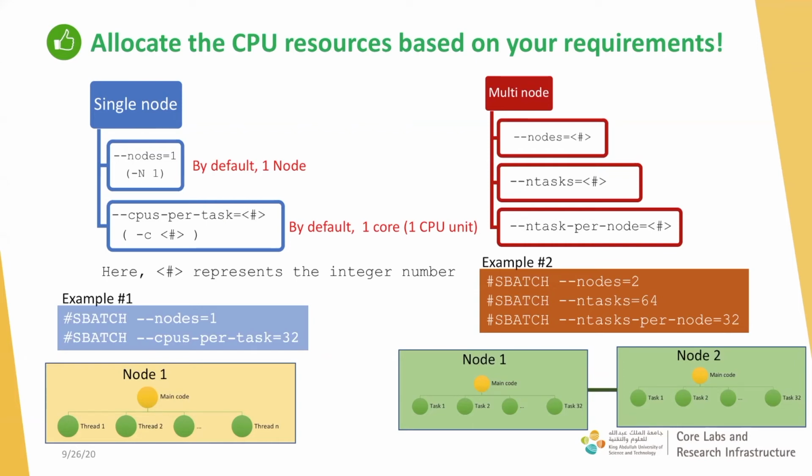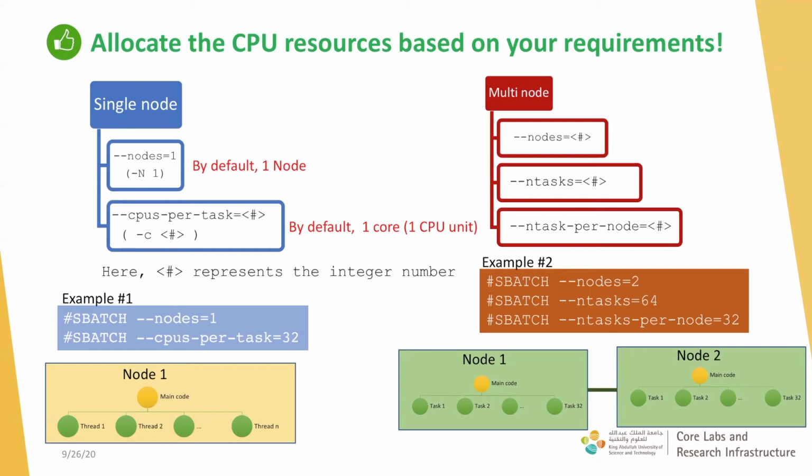In the next example, I'll be specifying number of nodes 2, number of tasks 64, and number of tasks per node 32. This means 32 CPUs will be assigned from each of two different nodes, totaling 64 tasks I'll be requesting to run my jobs. So CPUs per task is mainly used for single-node jobs. Tasks per node is the parameter mainly used for multi-node jobs.